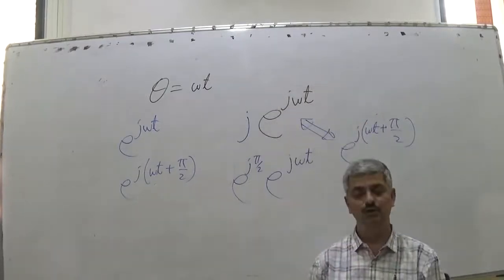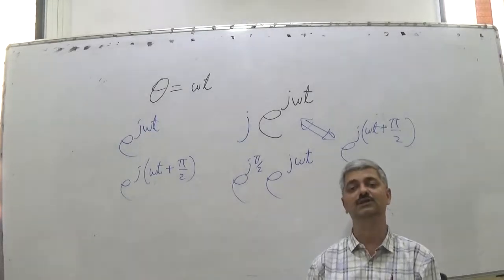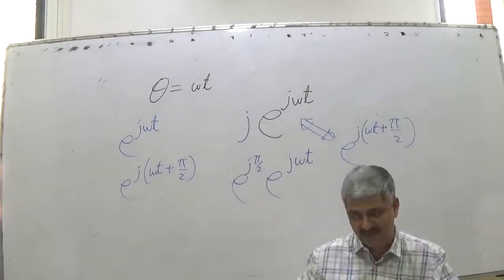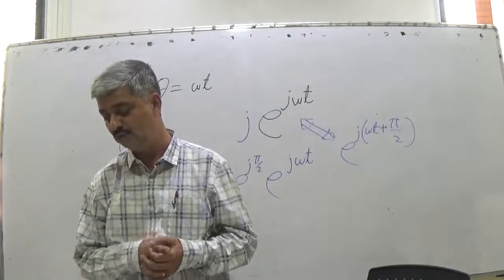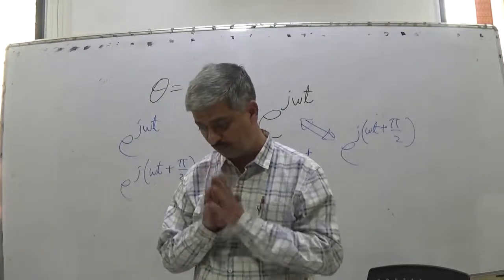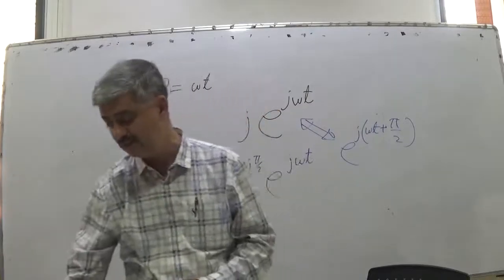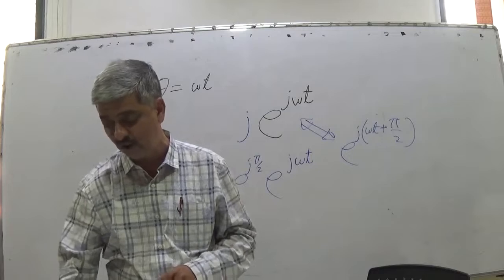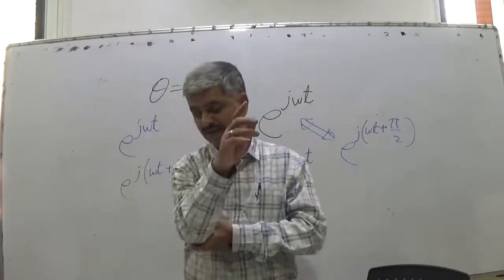Both are rotating points on unit circle with an angular speed of omega in anti-clockwise direction, but both points are different. Both points are not same. Both points are different, but these are the points rotating on unit circle with an angular speed of omega radians per second in anti-clockwise direction.